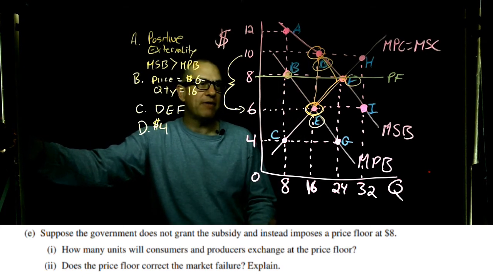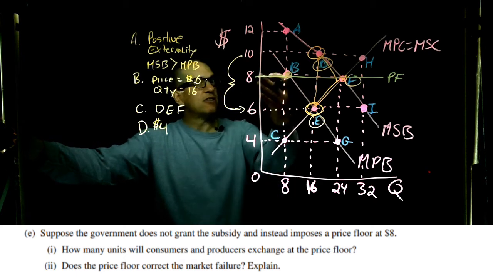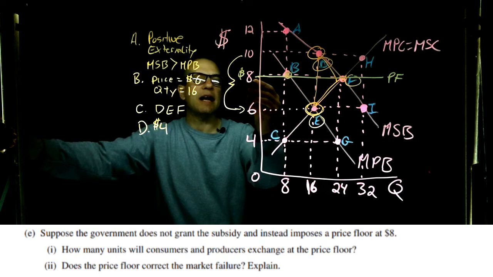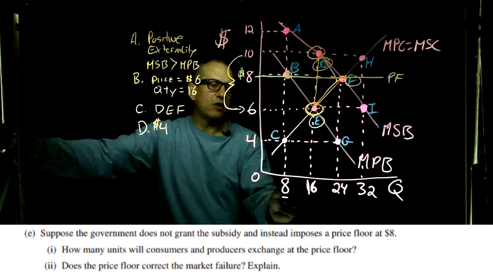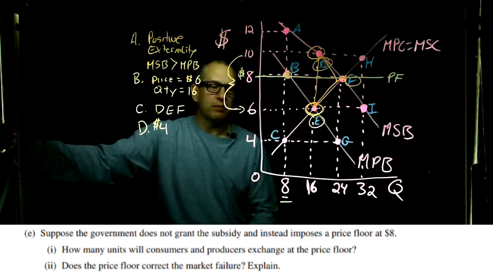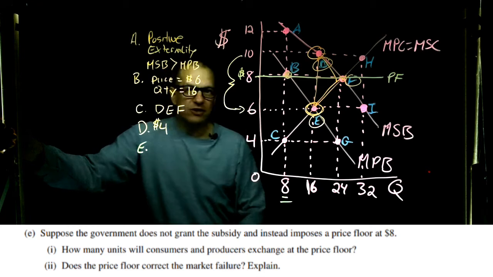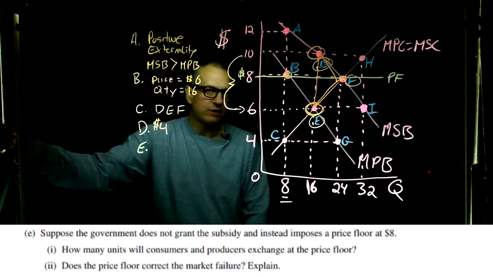The price can't drop any further than that. They're not giving a per unit subsidy on this. And so at $8, at this dollar amount here, the quantity that's going to be bought and supplied in this marketplace is going to be 8. So this situation where the price floor comes in, not a great situation at all.